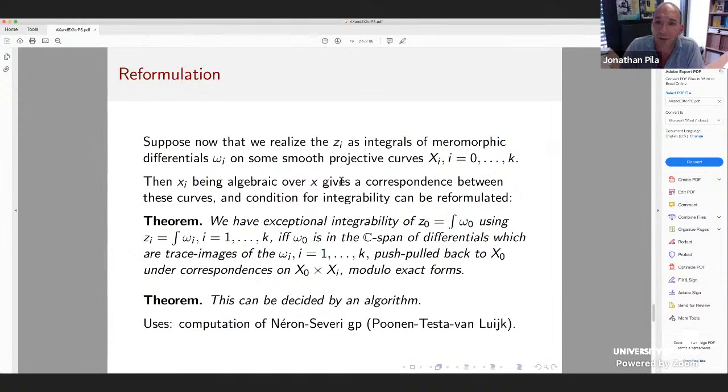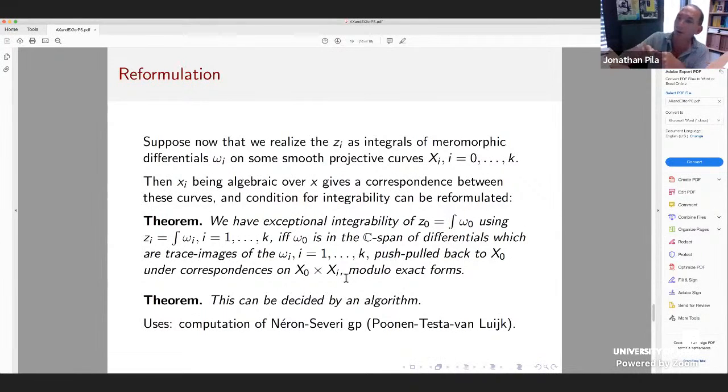And the condition for integrability can be reformulated in the following way: you have exceptional integrability of omega naught, or its integral z naught, using the zi's, integrals of the omega i's, if and only if omega naught is in the C-span of differentials, which you get by taking trace images of the omega i's, pulled back and pushed onto x0 under any correspondences from the xi's.